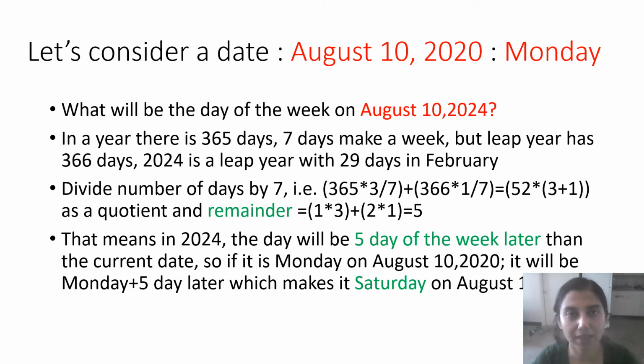So from Monday, we will have to count 5 days. So it would be Tuesday, Wednesday, Thursday, Friday, and Saturday. So 5 days from the initial date would lead you to a Saturday. August 10 in 2024 will be a Saturday.